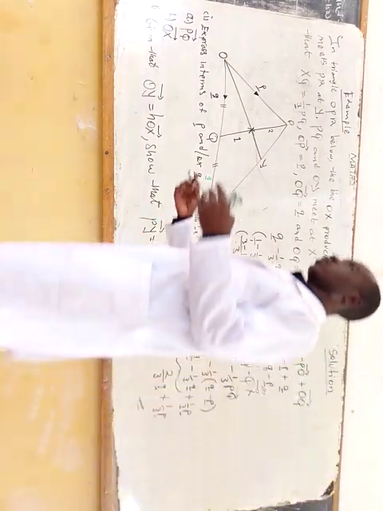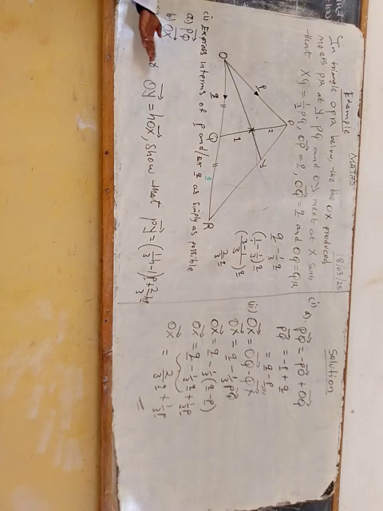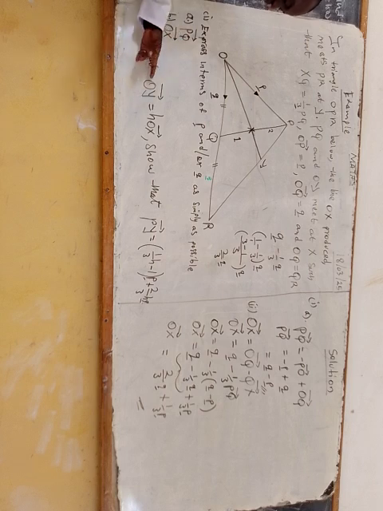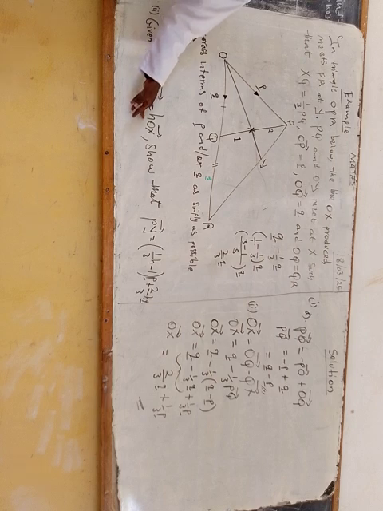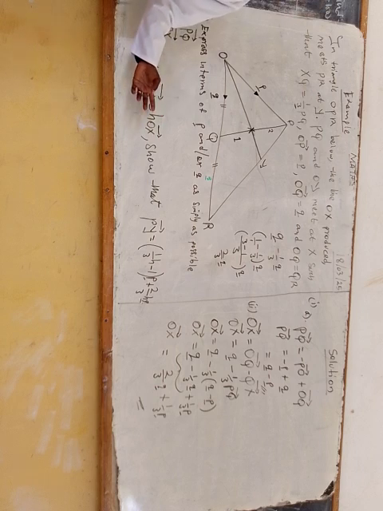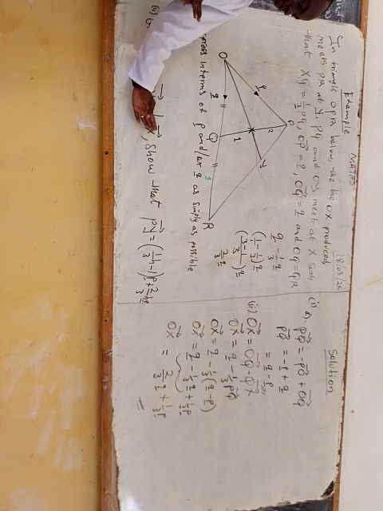Now, we need to show the last question. We are told, given that OY is equal to H OX. Now I want you to pay attention here. H is just a variable there, isn't it? It's not part of the vector. The vector is OX.